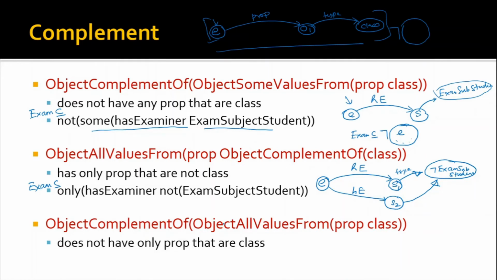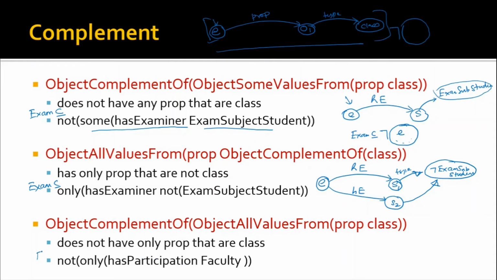Now coming to the next concept expression, which is object complement of object all values from property class. It says that it does not have only properties that are of the class. So we can say that exam is something that does not only contain the examiner to be the professor or the faculty, or participation to be the faculty.